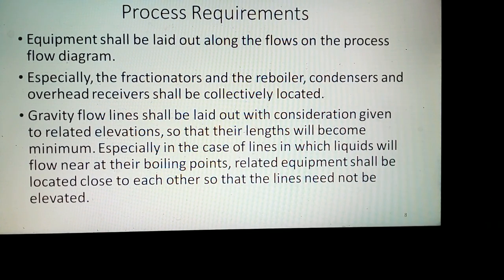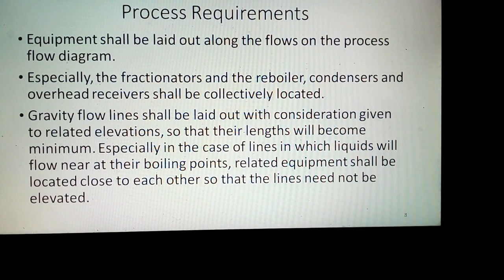Process requirements. Equipment shall be laid out along the flows on the process flow diagram, especially the fractionators, and the reboilers, condensers and overhead receivers shall be collectively located. Gravity flow lines shall be laid out with consideration given to related elevations, so that their lengths will become minimum, especially in the case of lines in which liquids will flow near their boiling points.